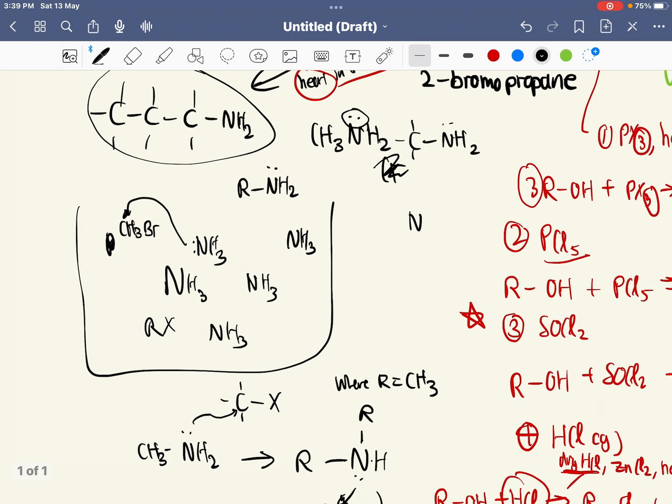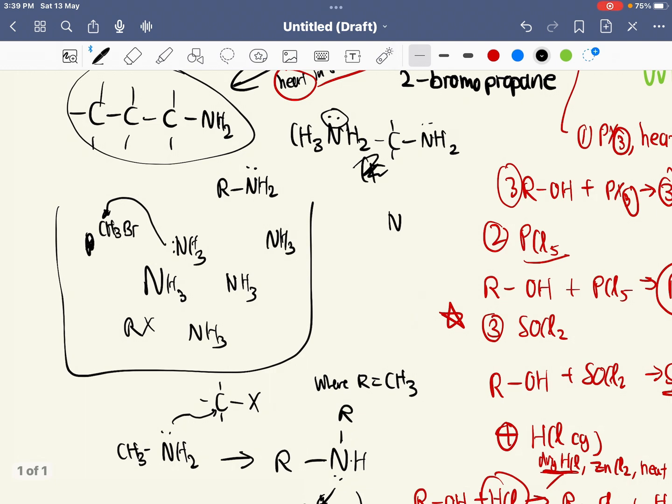Okay. So where does the hydrogen atom go? As we will see later using this example, the hydrogen atom will be a heterolytic fission. It'll be 1, 2, 3, 4.